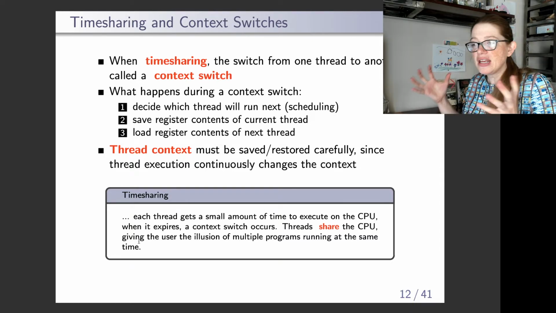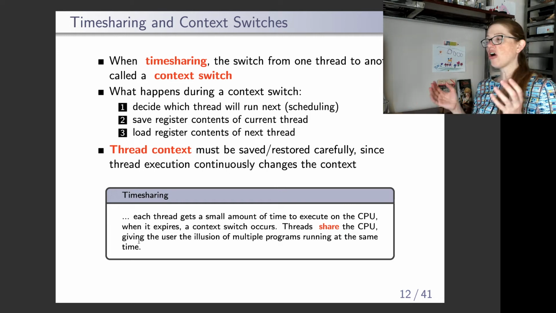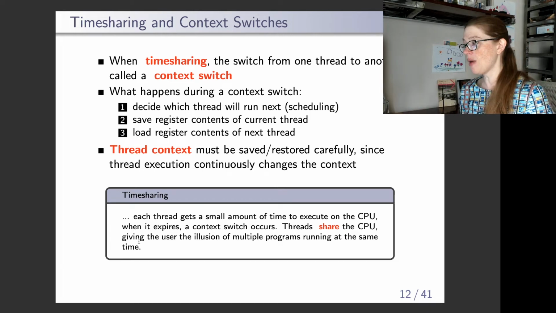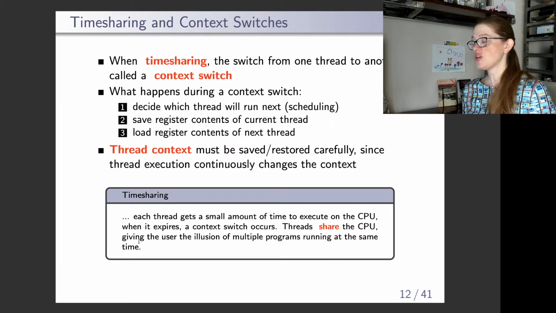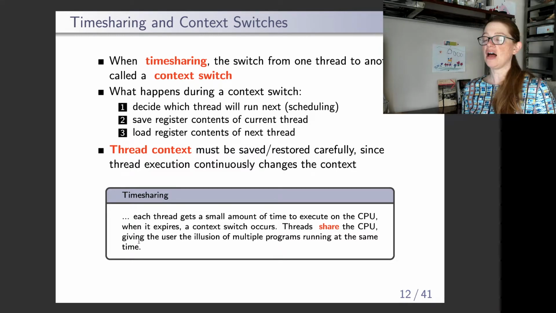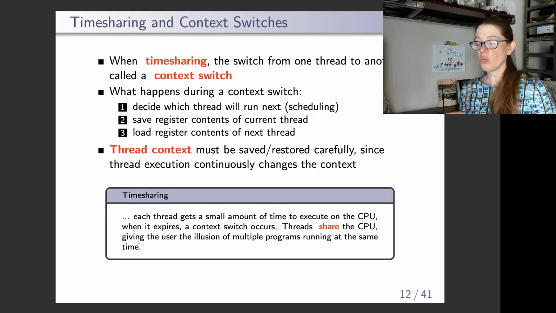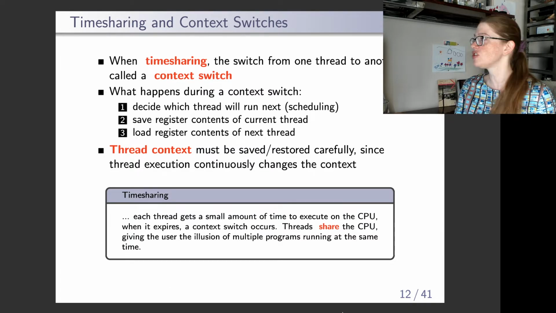Now, what does that even mean? What is a context? A context is the state of the running thread. So that is what the thread is doing while it's actually running. So it's all the values in all of the registers on the CPU.